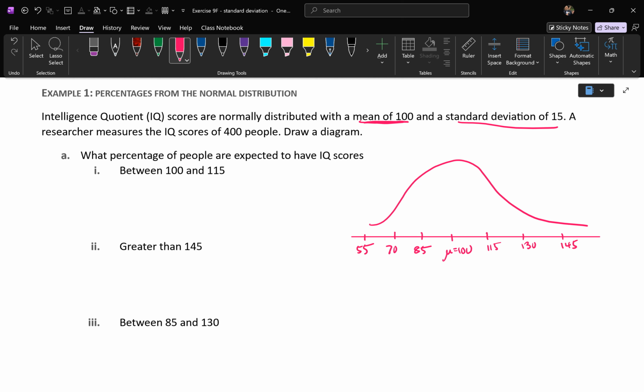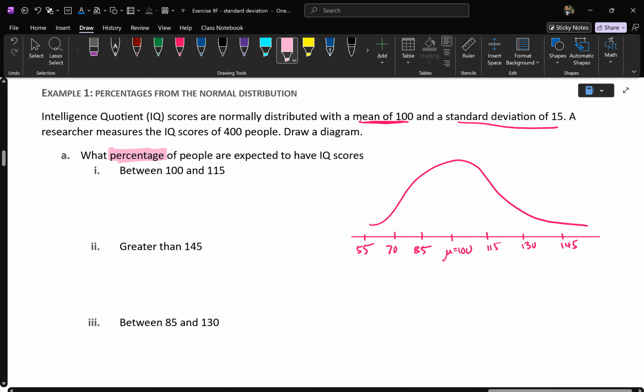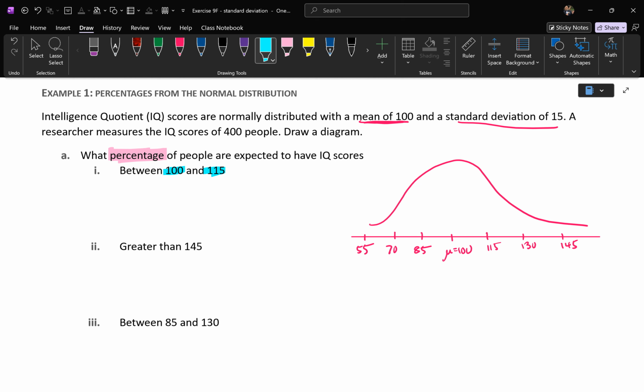Okay, so I'm drawing out the bell curve. Then we say, what percentage of people are expected to have an IQ of 100 to 115? So I'm saying from 100 to 115 is just this region here. That's only 1 standard deviation away from the mean. So what should this area be?